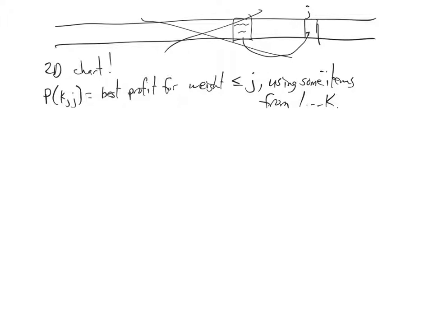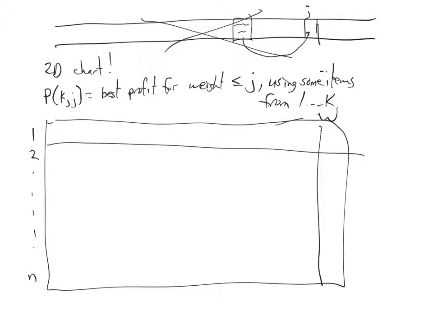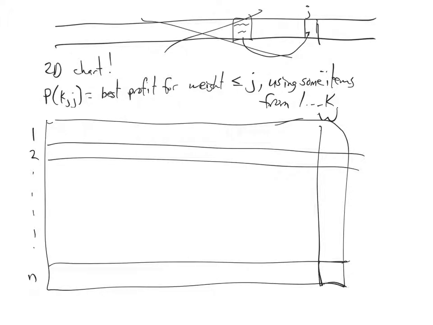So the whole chart is going to have W in the last column, and we'll have all of our items, all N items, here. So we can just go through and fill it in. What we want is the lower right corner.